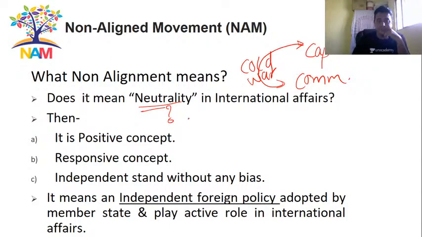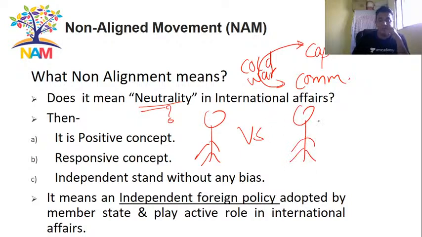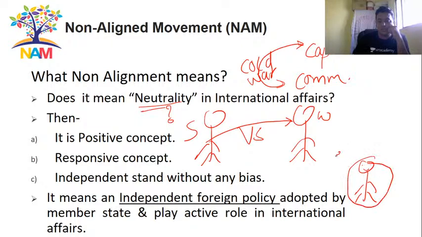Let's take an example: these two people are fighting with each other, and you are the third person here with a smile. This person is strong, this person is weak, this person is beating this person, and you are here just watching, enjoying it. Does it mean neutrality?